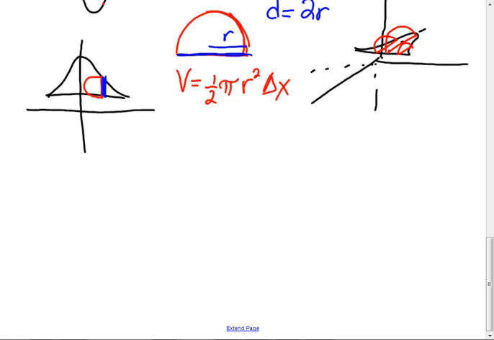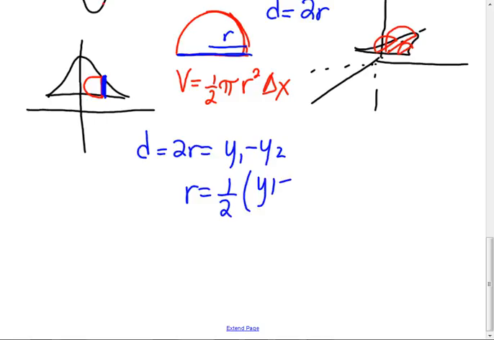And how do you find the diameter? 1/2 r. No, 2r. It's this y value minus that y value. So it's y1 minus y2. So r is equal to 1/2 of y1 minus y2. What's y2? Because that's easy. 2. And then we still have issues putting this into the calculator, I found out.